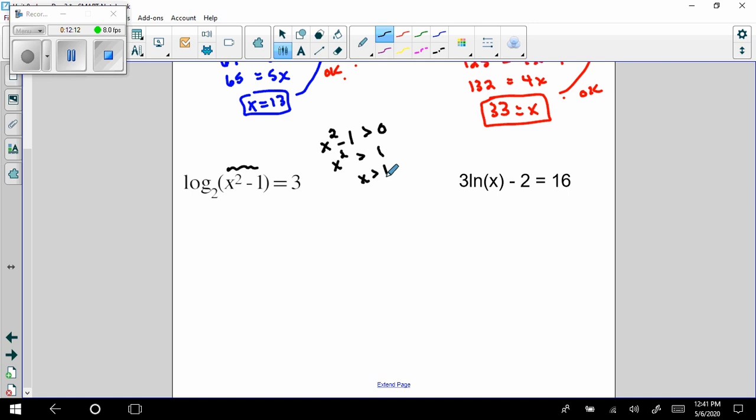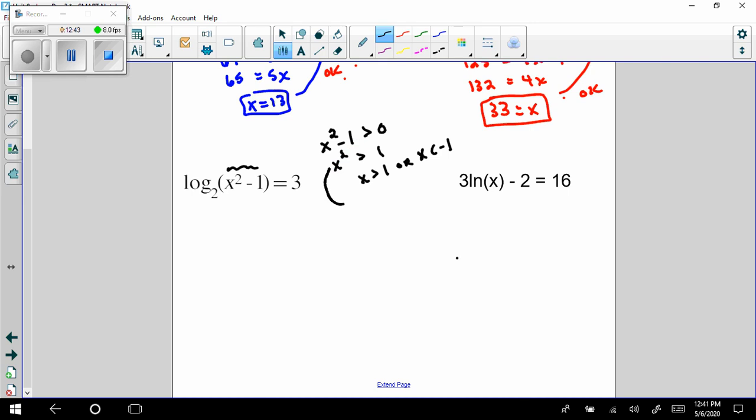This is a greater than problem, so or. Now I can't say x is greater than -1 because 0 is greater than -1, but 0 is not greater than 1. So less than, sorry. Less than -1.